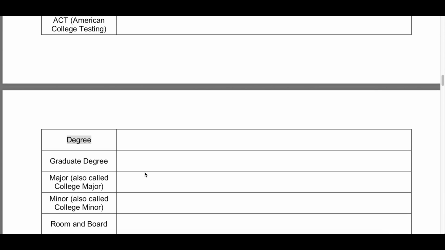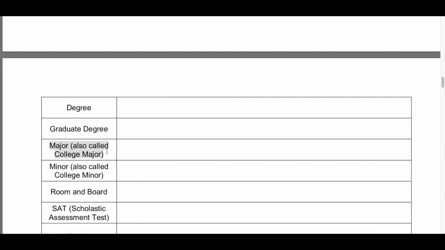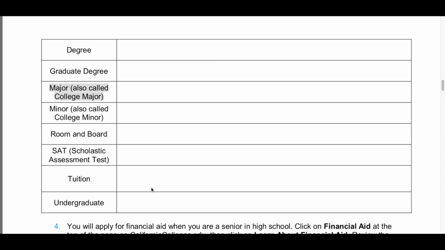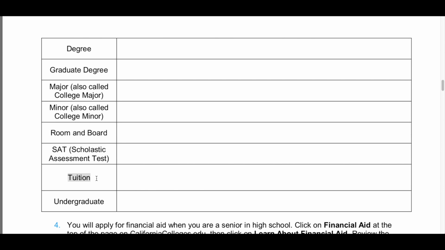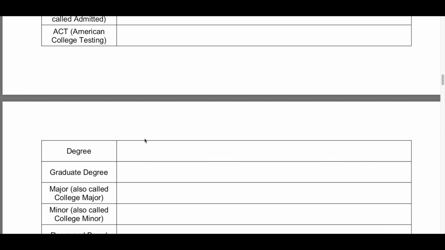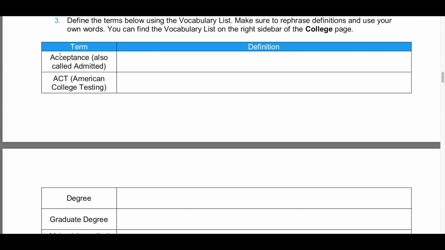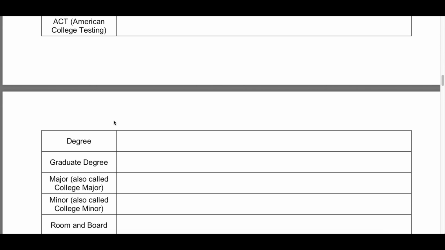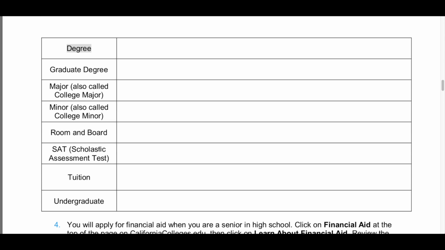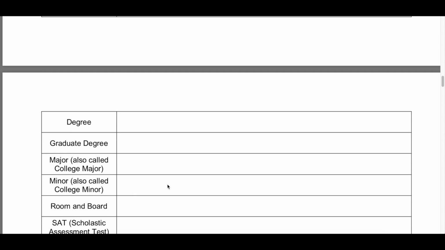Degree, major, and tuition. I think if we use those four terms, that'd be awesome. You can tag them onto those other four groups. So again, acceptance, degree, major, and tuition.